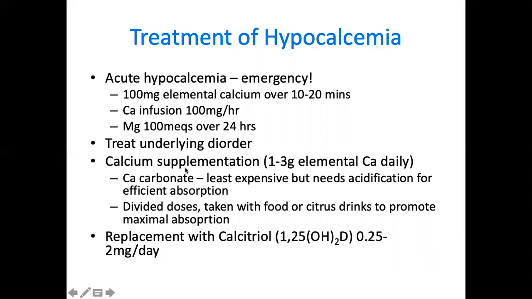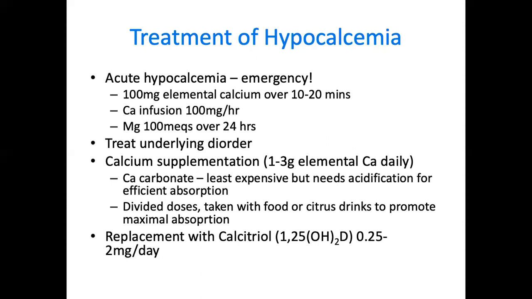Calcium supplementation on top of the IV is important, but if the hypocalcemia is only mild to moderate, you can actually do away with the IV and just give oral calcium supplementation. Calcium carbonate is the least expensive. The most common forms of this would be your Calcrate, your Calvin, even your Tums.